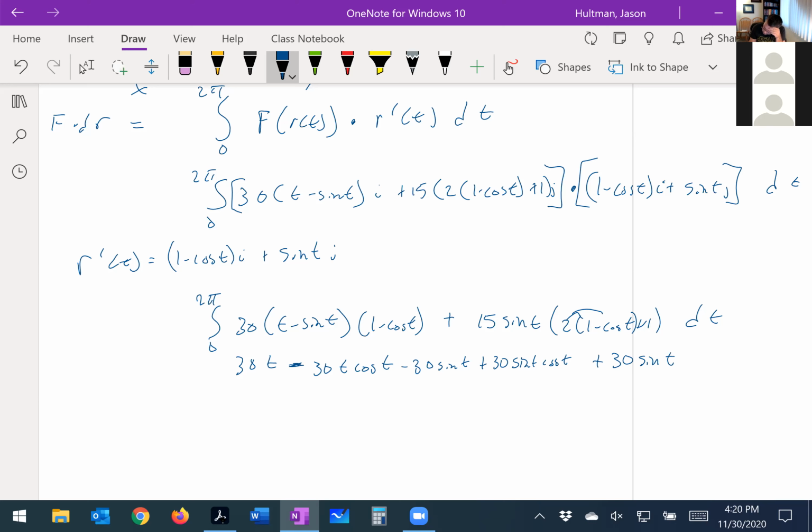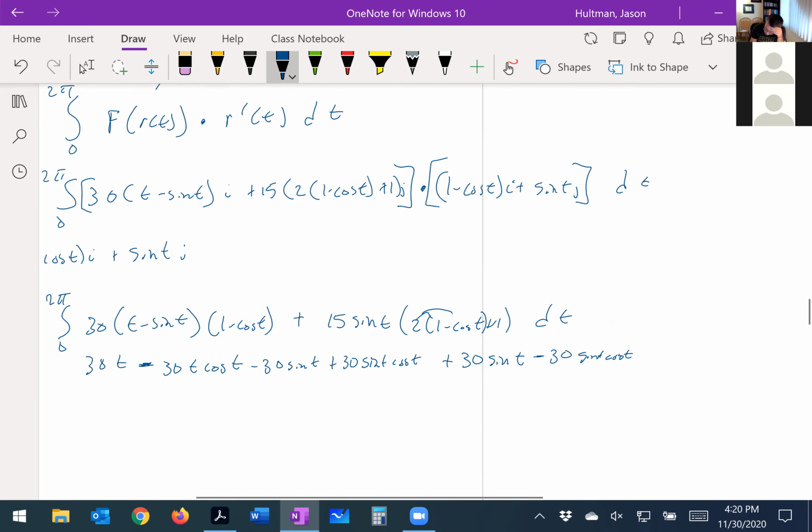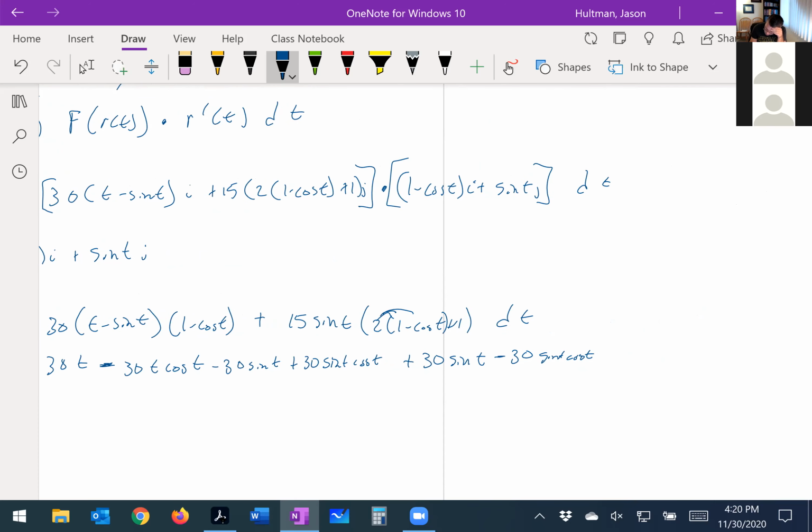Plus, that's 2 and then 2, that's minus 30 sine t cosine t. So I just distributed the 2 here. And then plus 15 sine t.